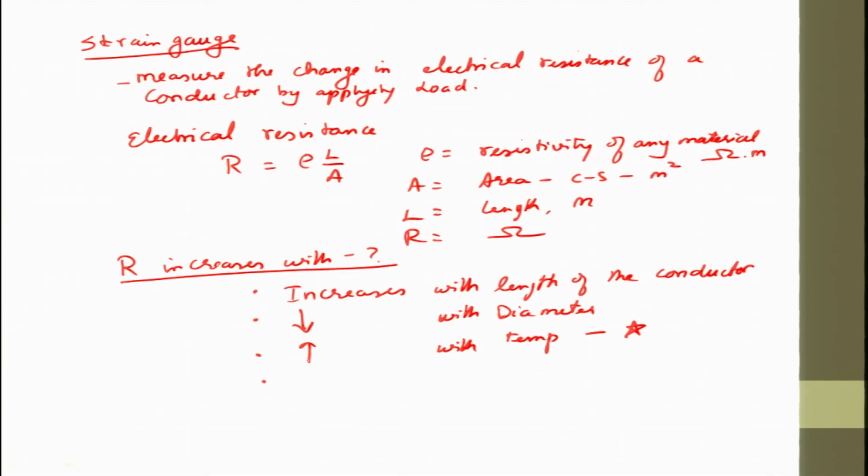And the last thing is it increases with material resistivity. These are the ways you can change R, or the change in R value will come based on these things.